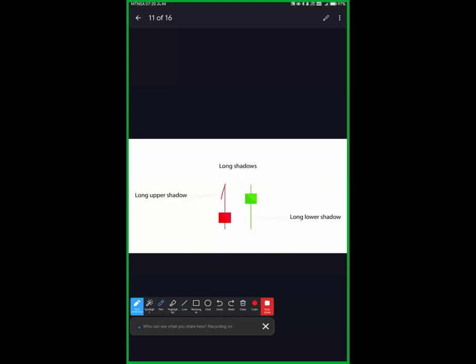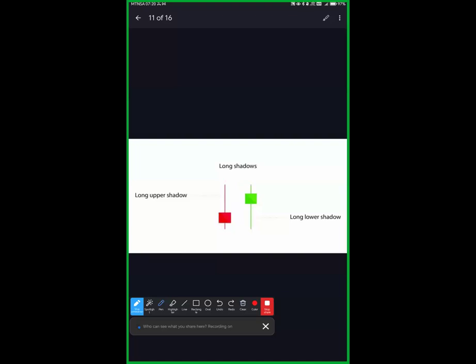So the upper and the lower shadows normally give us very important information about this particular trade session.